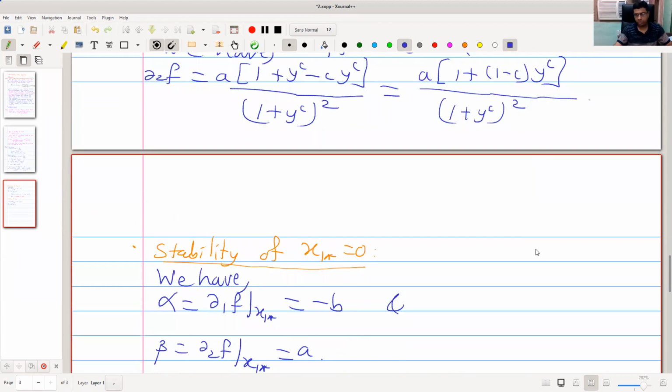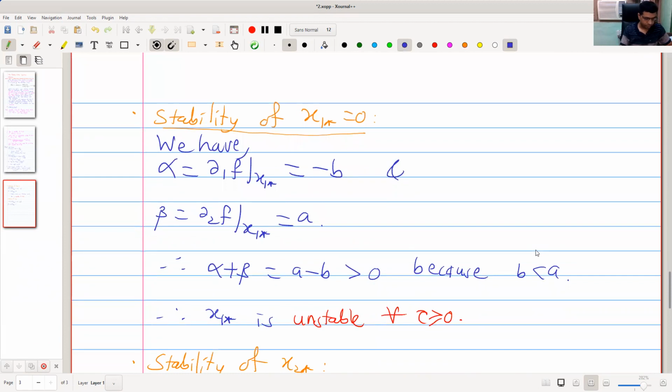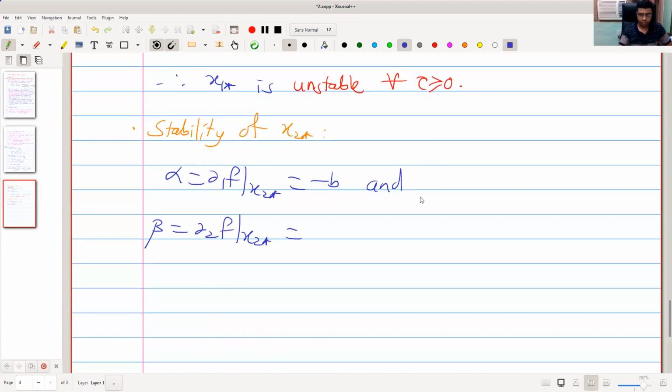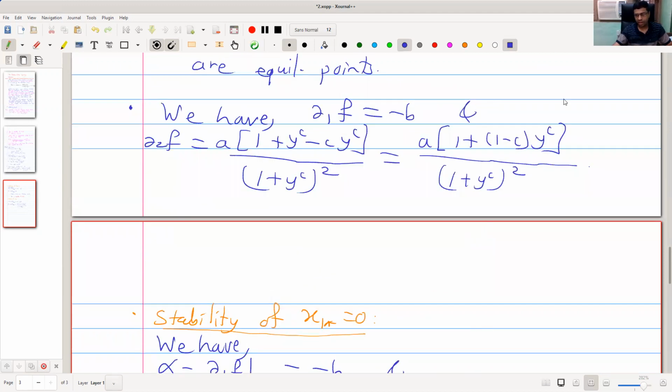So a into (1 plus (1 minus c) into x2 star raised to c) divided by (1 plus x2 star raised to c) bracket square. So we replaced y by x2 star.